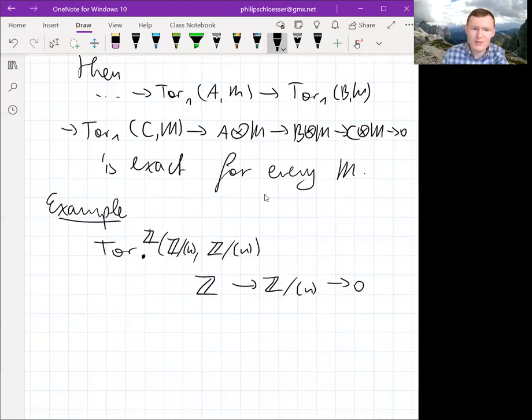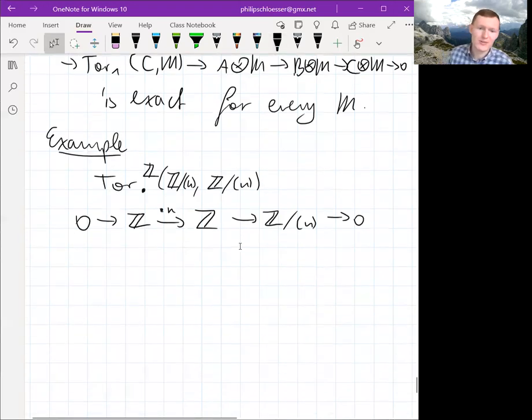So we can just take essentially the quotient map. And then the kernel of this map is just nZ. So we can take multiplication with n as a surjective map again. And then we just have 0. So this is our projective resolution, and it's even finite, nice.